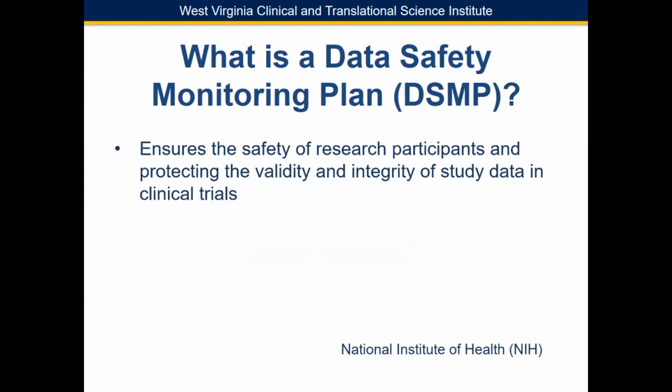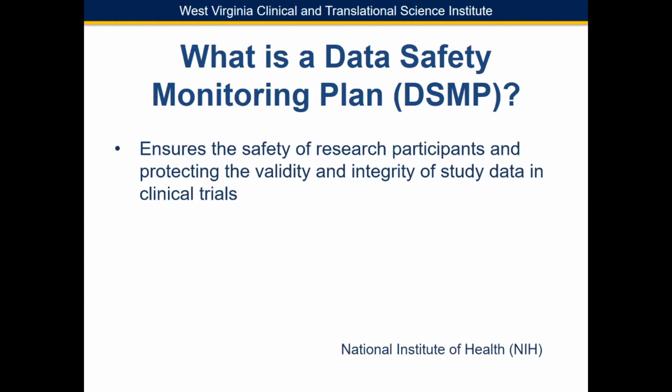And every clinical trial really requires some level of monitoring for safety. It may not be a complete DSMP, but there should be some type of monitoring in that clinical trial. And we'll talk about that as we go through these slides. You want to look at the risk associated with participants in research, because you want to minimize that to the greatest extent possible.